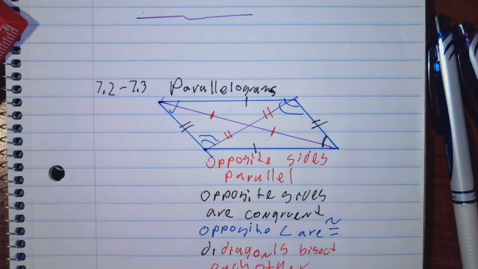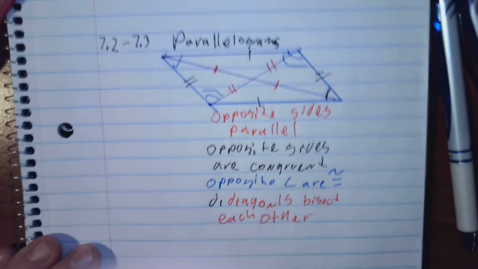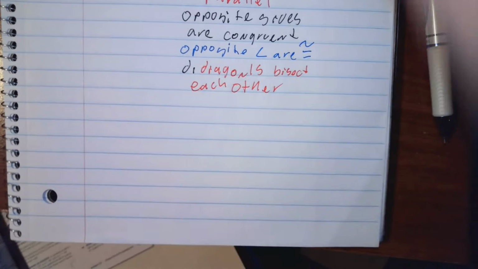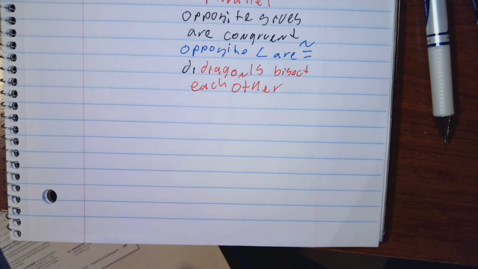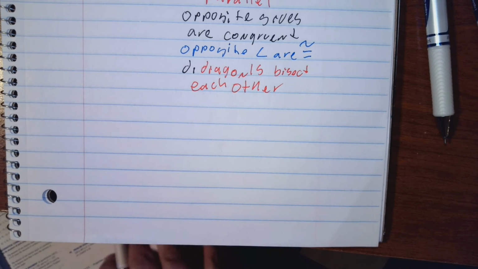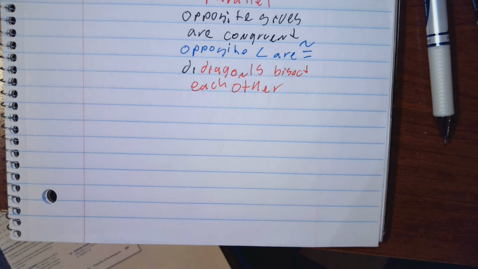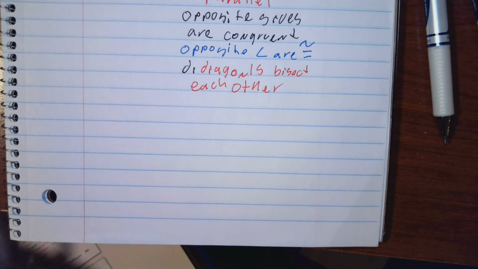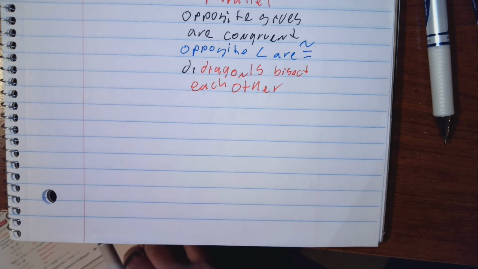I'm going to move on to 7.3 here and go over those theorems, and then I'm going to help you with a couple of the problems. For 7.3, you're going to need to write down those theorems in your notes.